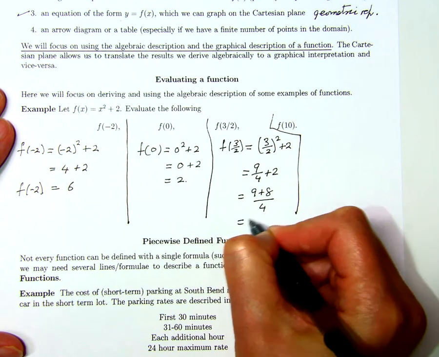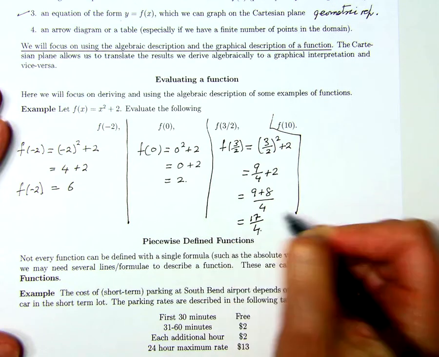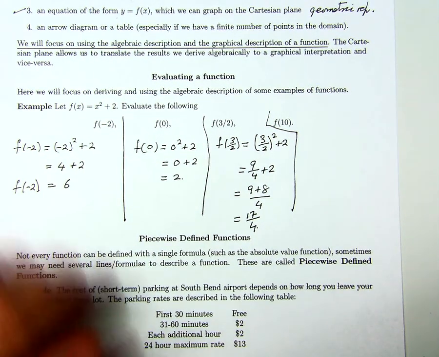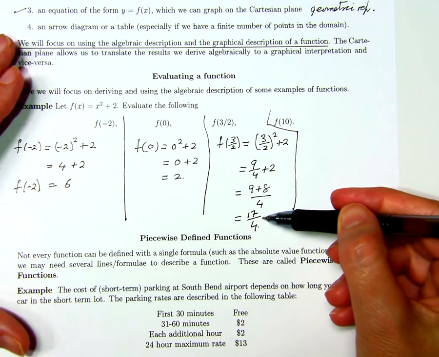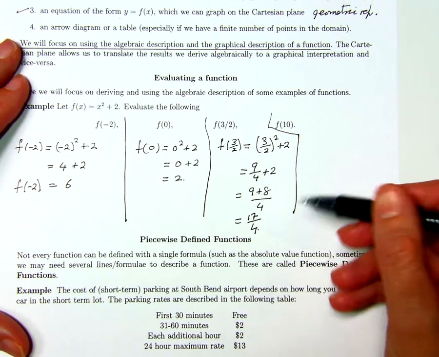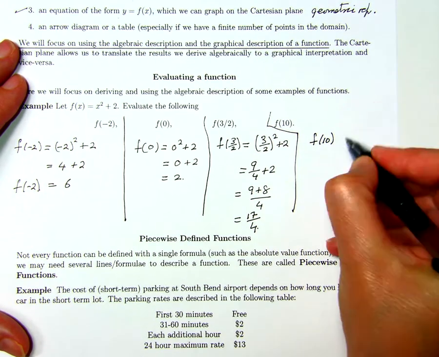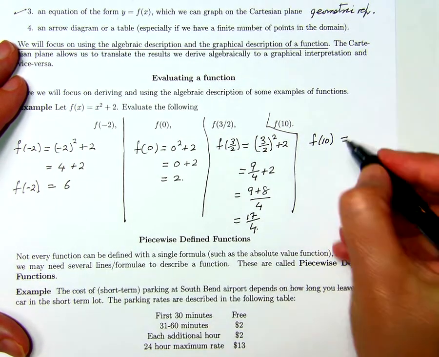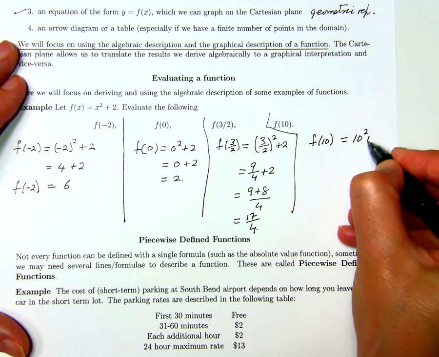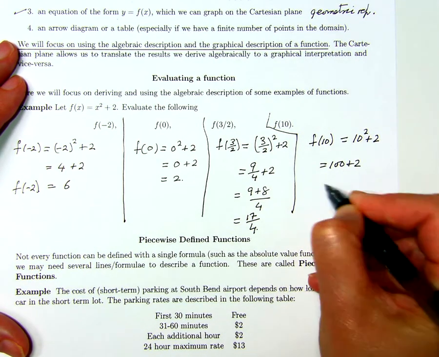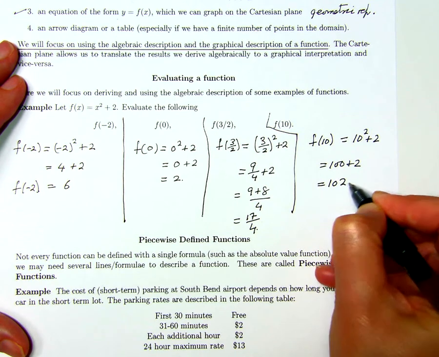That's 17 over 4. So this rule called f, when I feed it 3 over 2, it spits out 17 over 4. And again, when I feed it 10, it gives me 10 squared plus 2, and that's 100 plus 2, which is 102.